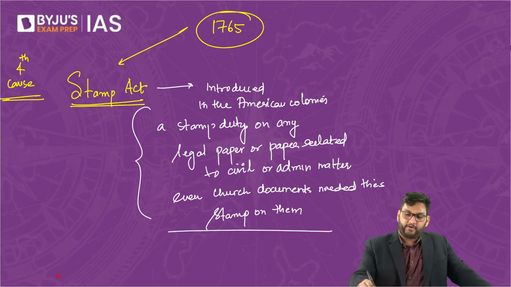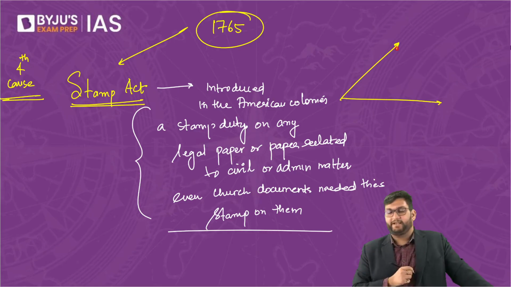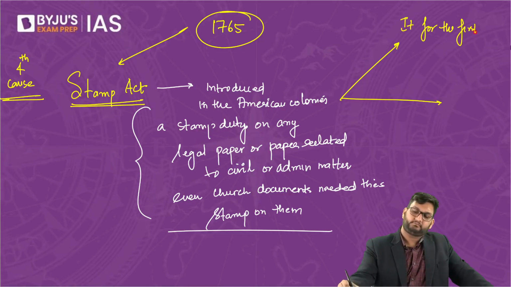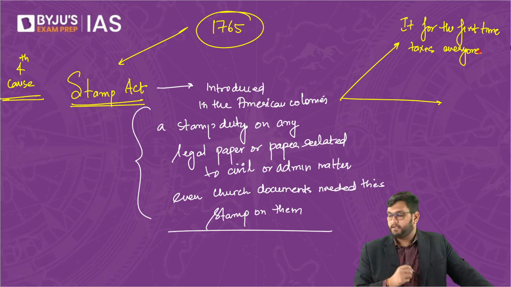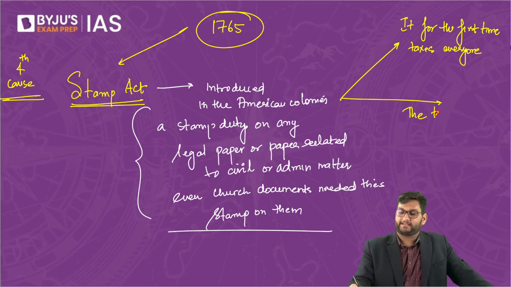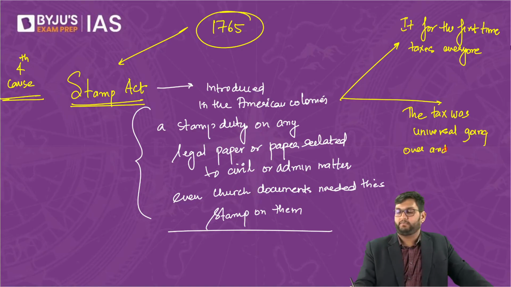The first blunder is, does it impact everyone? Yes, it does. It, for the first time, taxes everyone. And more than that, the tax was universal, going over and above merchant based taxes.